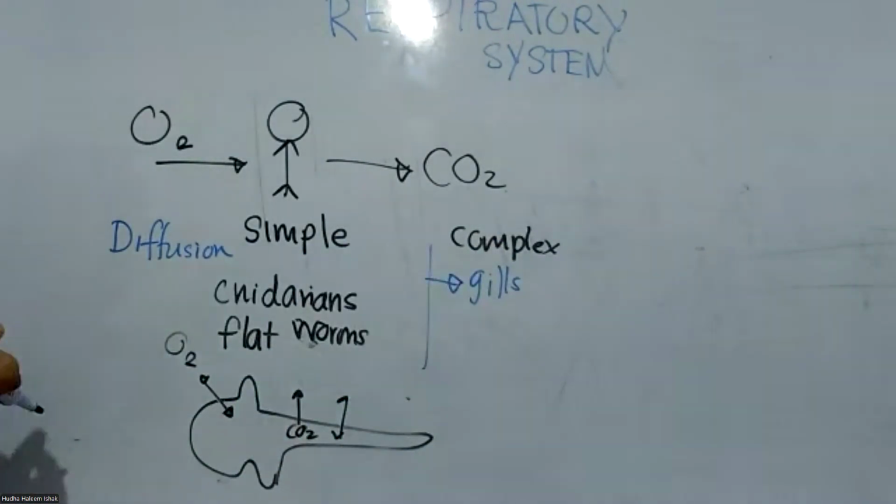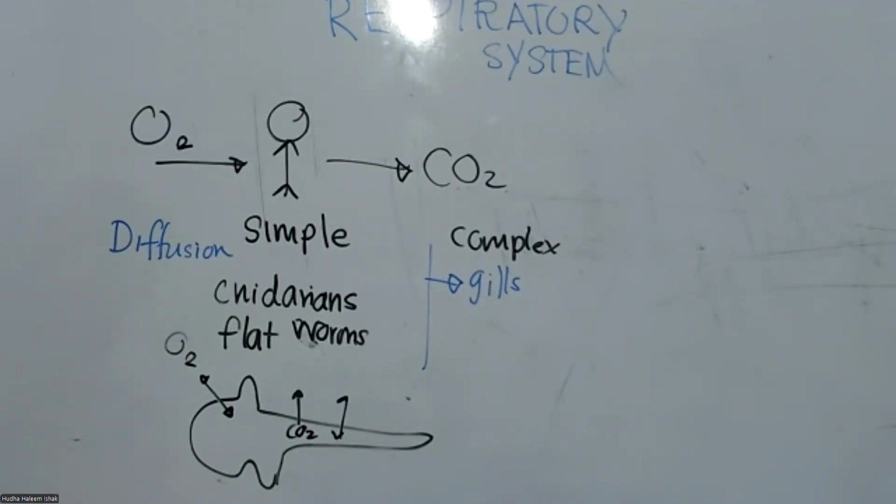Gills are mainly used by which animals? You can answer from the knowledge you have in Unit 3. What are the animals having gills? Fish, very good. Both types of fish are there, the osteichthyes and chondrichthyes.